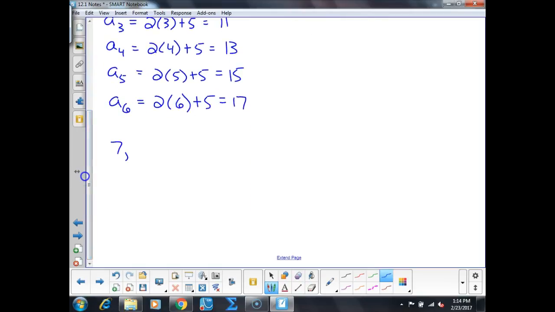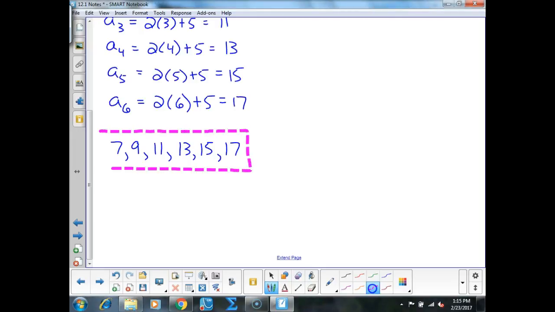So this is 7, comma, 9, comma, 11, comma, 13, comma, 15, comma, 17. And that's it. No dot, dot, dots, no anything else. Because it only said write out the first 6 terms.